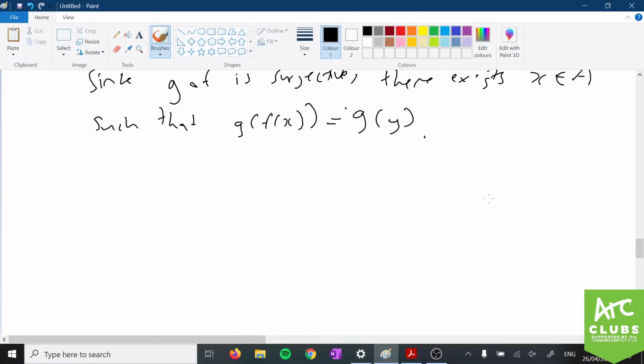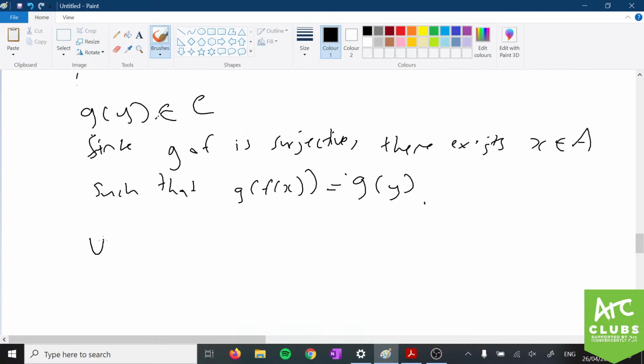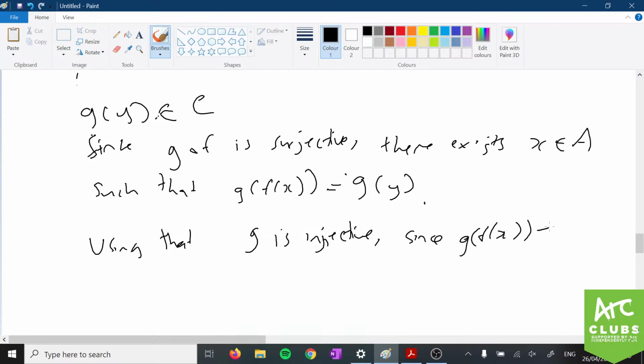And that means, using g is injective, since g of f of x equals g of y, we must have that f of x equals y. And if you notice, this is what we're actually trying to get to, right? We found an x so that f of x equals y.